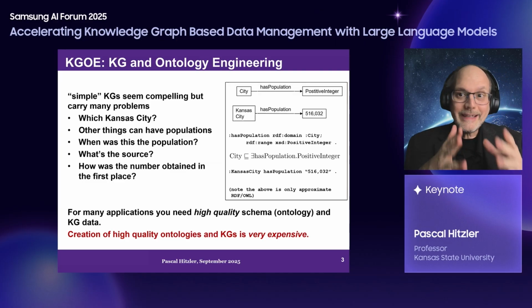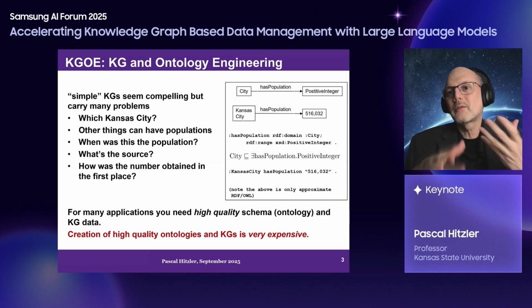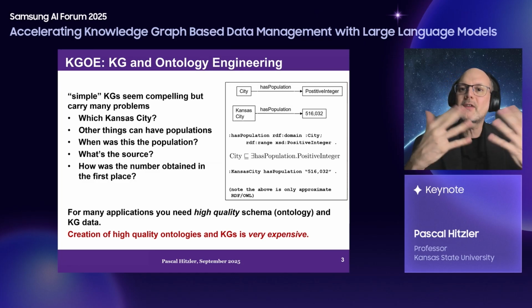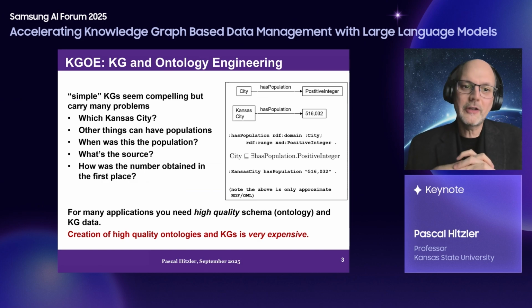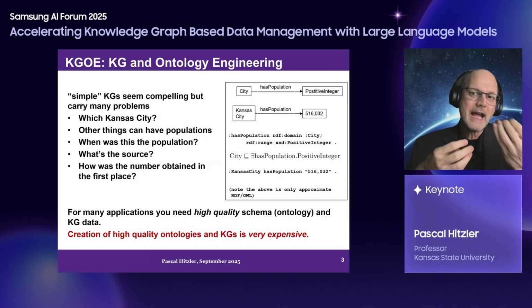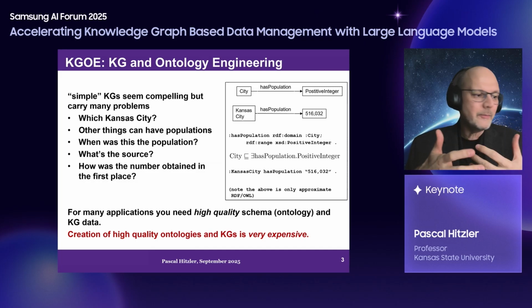So you see that a knowledge graph isn't equal to a knowledge graph. Some knowledge graphs are more self-explanatory. They keep more information. Some are more granular. Some are more coarse. There are different reasons for having different knowledge graphs. And making a knowledge graph, in particular at a high quality level that is rather granular, needs expert knowledge.